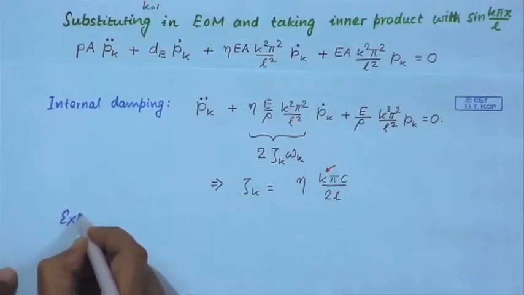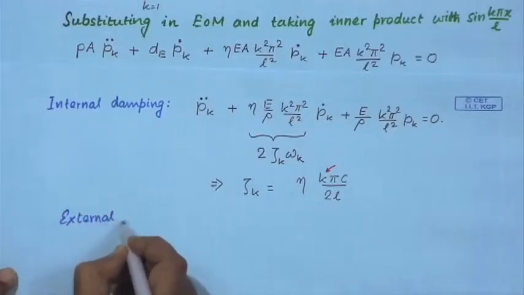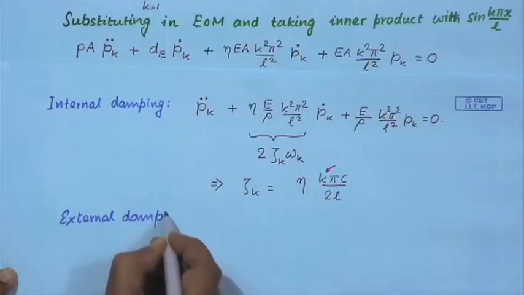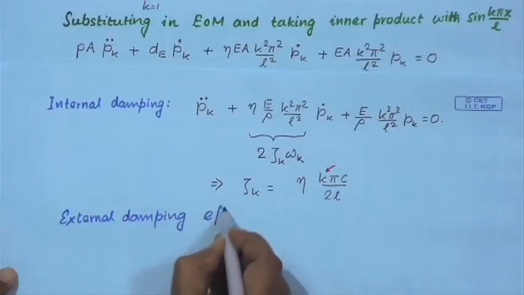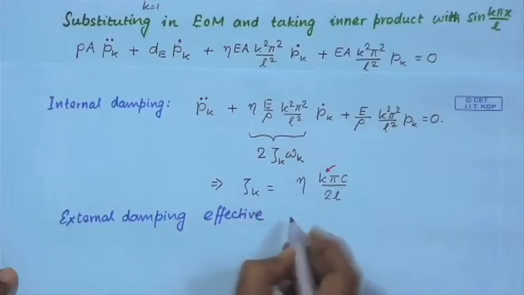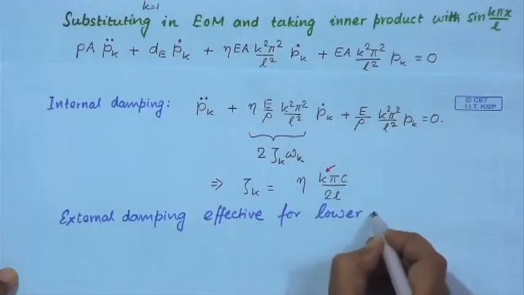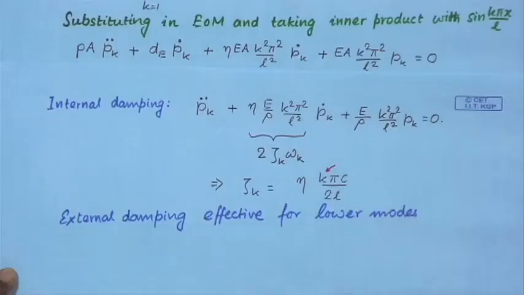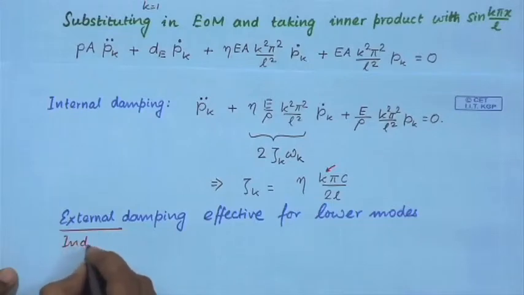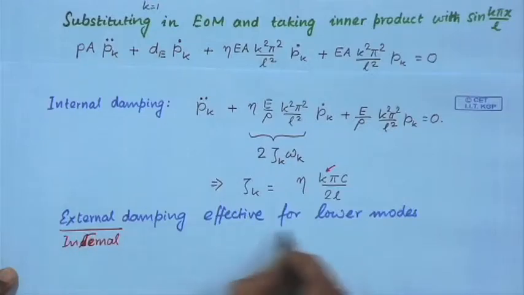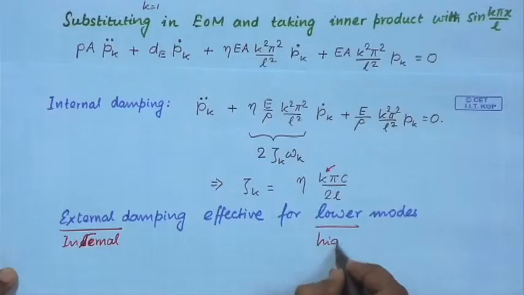So, external damping is effective for lower modes, while internal damping is effective for higher modes.